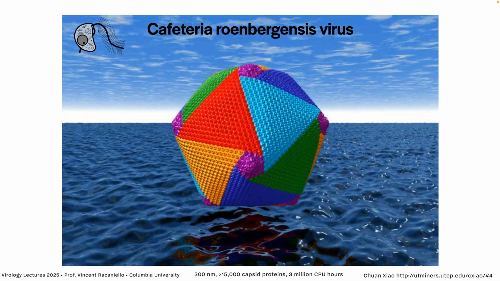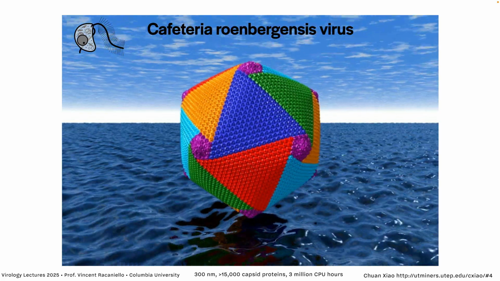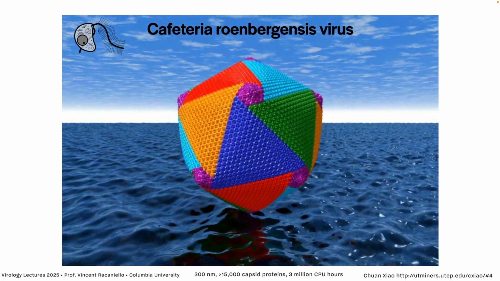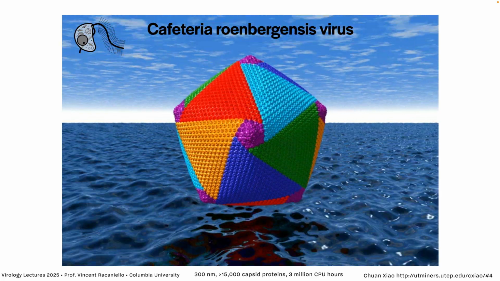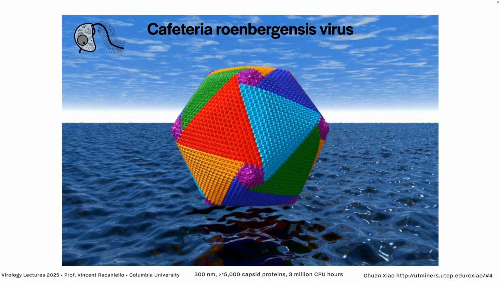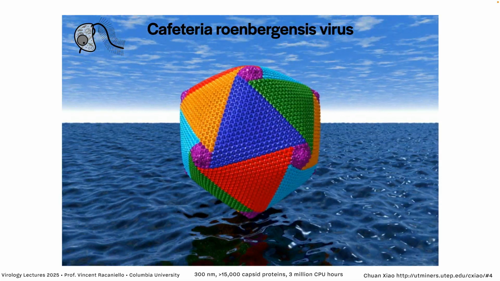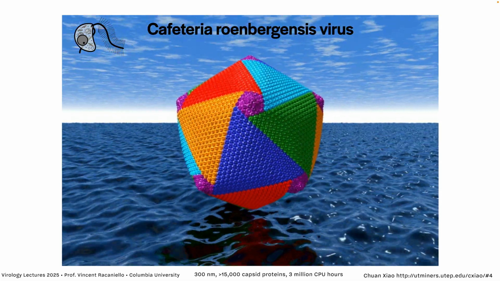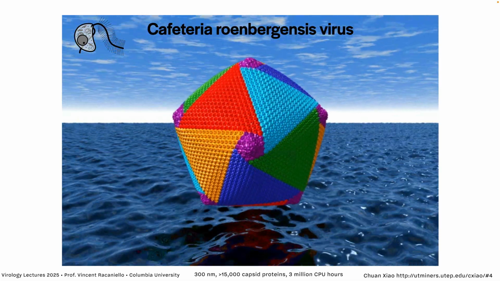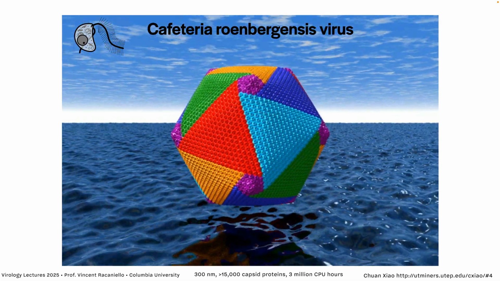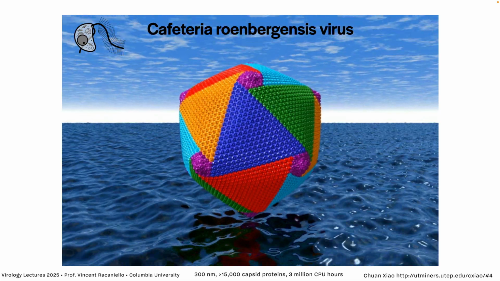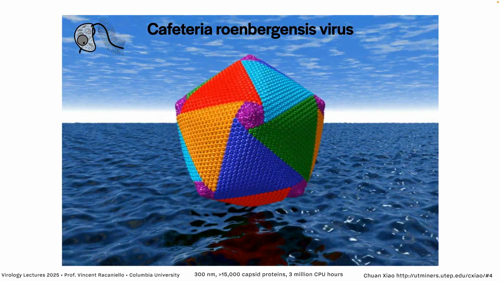There is sound here. It's the sound of waves. You can't hear it though. This is done by Shun Chow at UTEP, who spent many years solving the structure of this virus. This is a giant virus that infects a eukaryote that lives in the ocean.